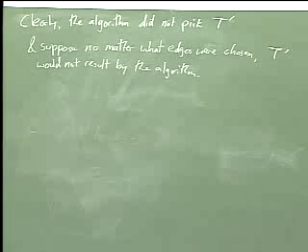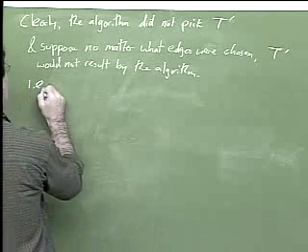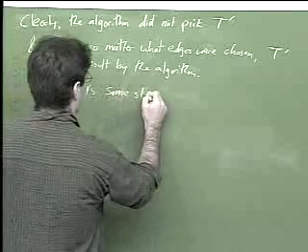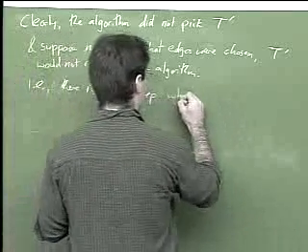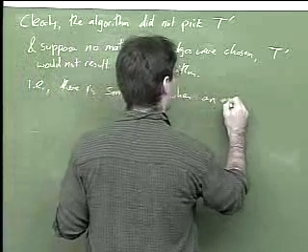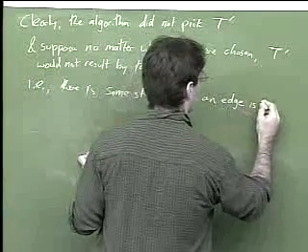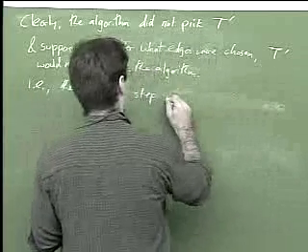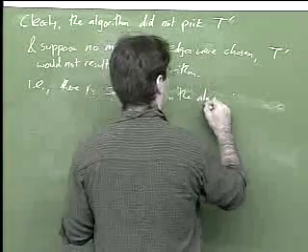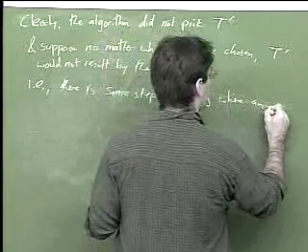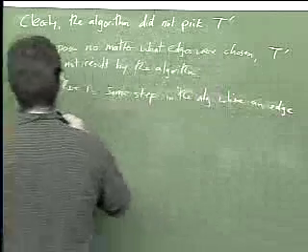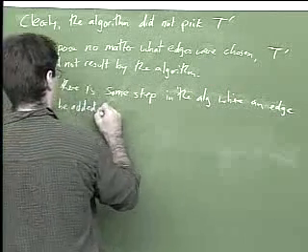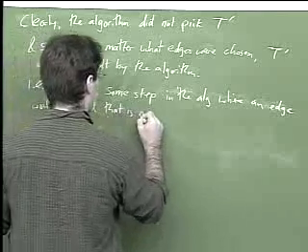What does that mean? There is some step in the algorithm where an edge would be added that is not in T prime.